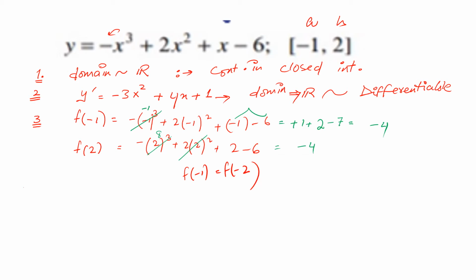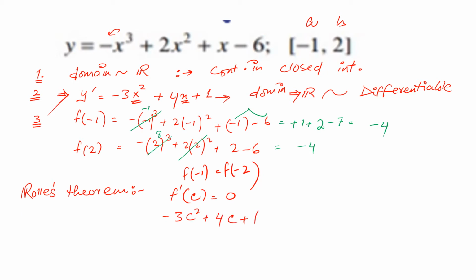So according to Rolle's theorem, find out the c point such that the derivative at that point is equal to 0. You have the derivative over here. Replace the x by c. So you will get -3c squared plus 4c plus 1 equals 0.